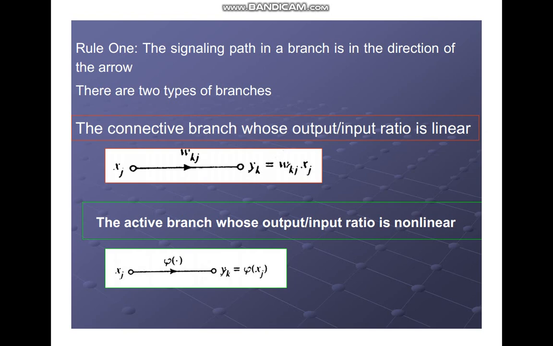There are two types of branches. For the linear branches shown here, the output is the summation of input times weights, and for non-linear branches, the output depends on the activation function.